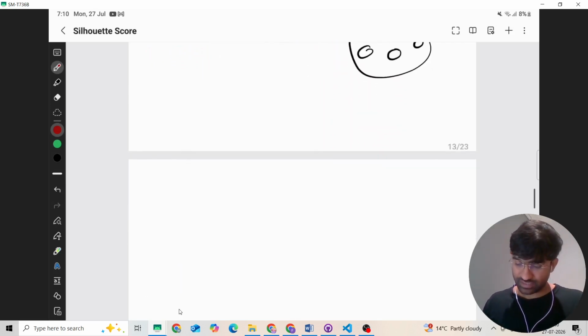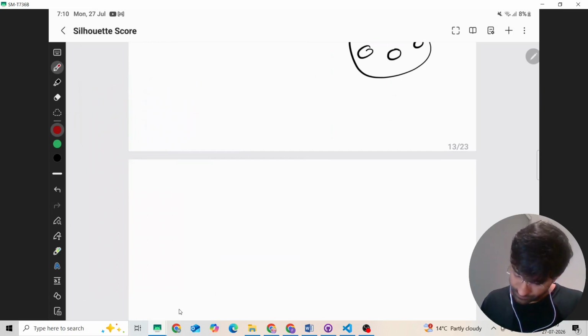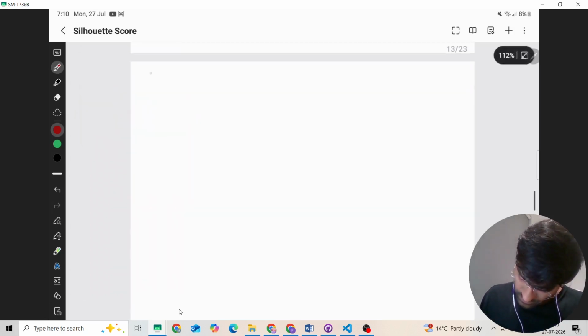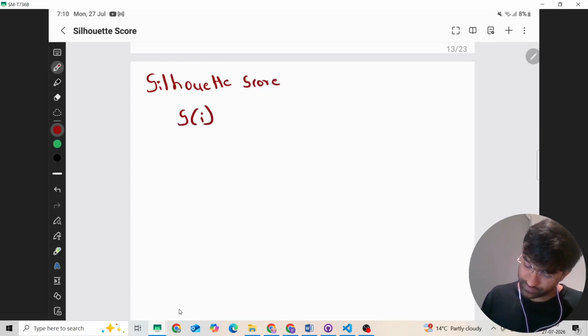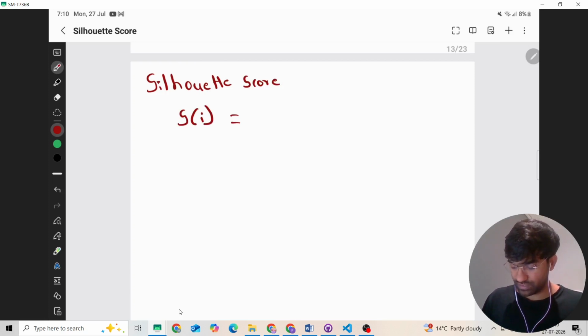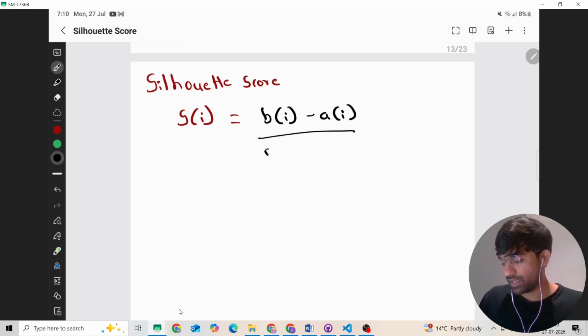We will understand this using the formula. What is the Silhouette score formula? Silhouette score S of i is equal to B of i minus A of i, divided by max of A of i comma B of i.